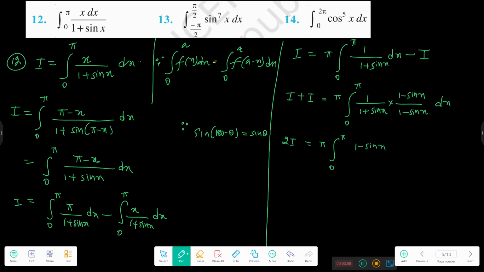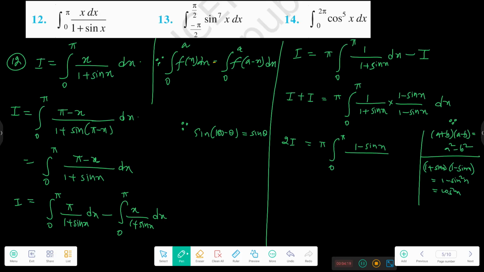sin x divided by the denominator, a plus b, a minus b. We know the a square minus b square formula. So 1 plus sin, 1 minus sin, what can we write? 1 minus sin square, that means cos square x.